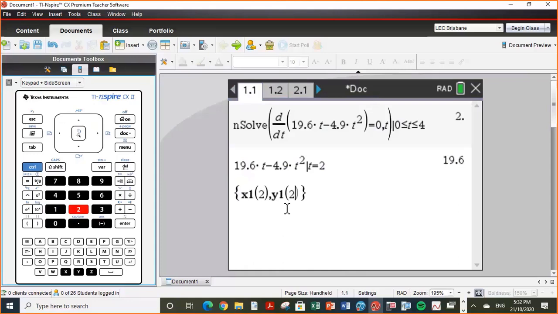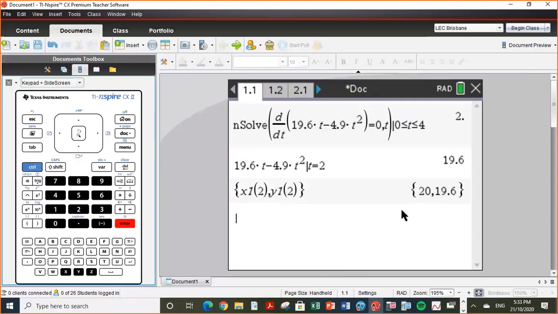Now notice that x1 and y1 have become bold and non-italicized. That means that the calculator recognises x1 and y1. Press enter, and that's another way of writing the coordinates. Remember, when writing coordinates on pen and paper, don't use the curly parentheses, just use normal rounded parentheses.